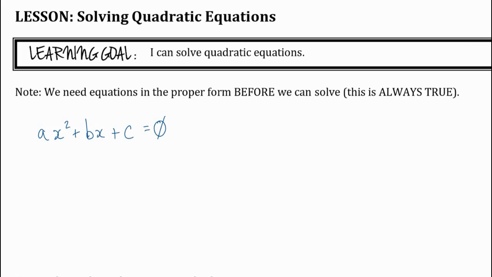We like a to be positive, because if I'm going to factor, I haven't done a lot of practice factoring with a, the first term, having a negative value.